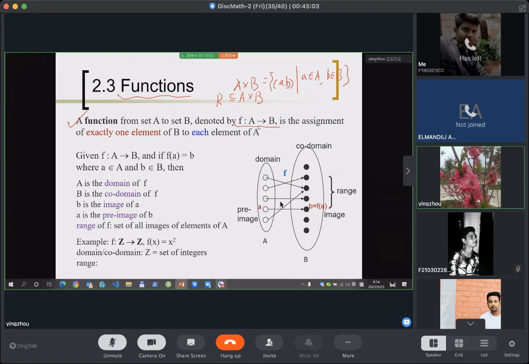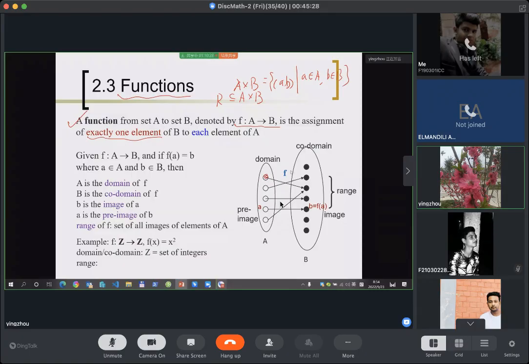It is from A to B, and it shows that exactly one element of B is assigned to each element of A. We should be careful about exactly one element.